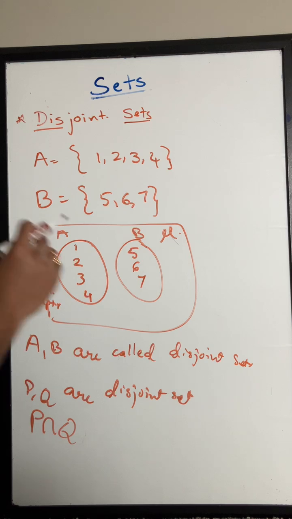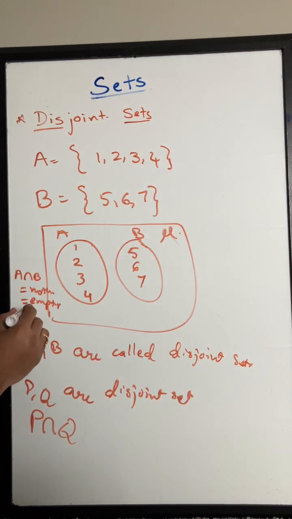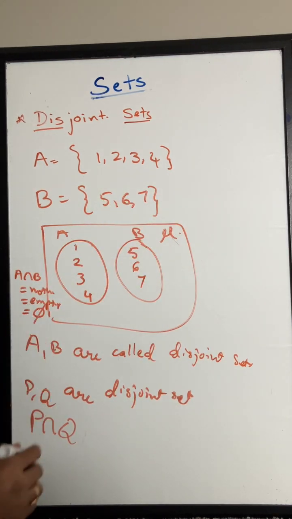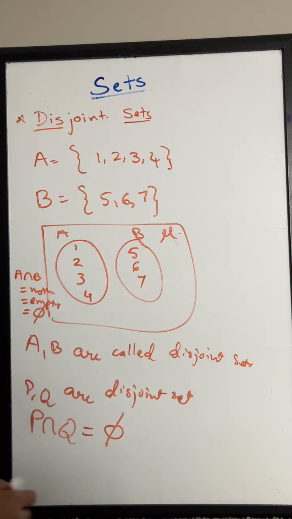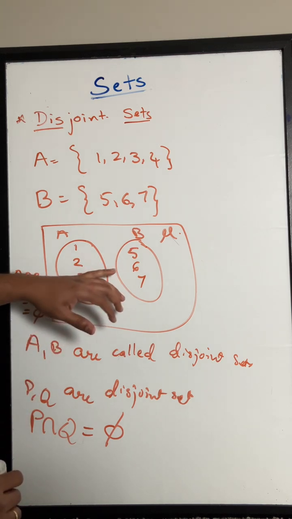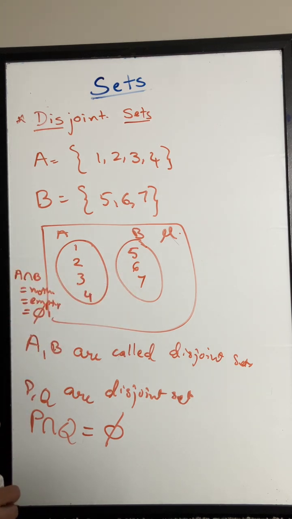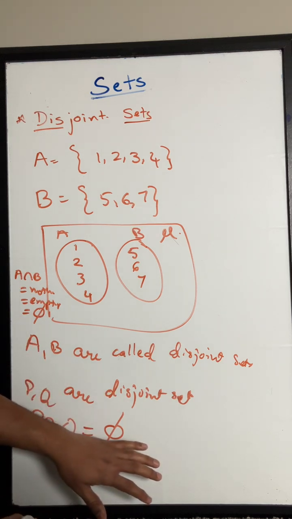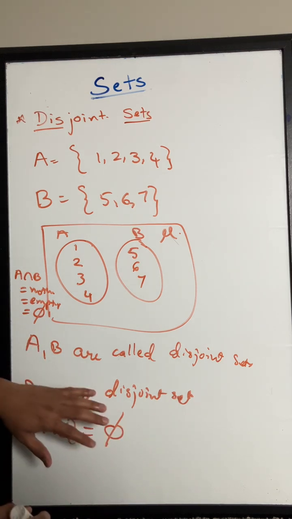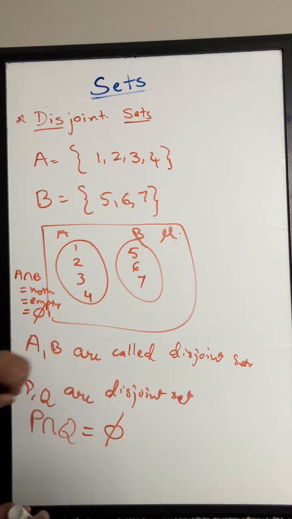You can use any of the synonyms, or simply represent it with the mathematical symbol phi. There are a few other things like cardinality, which we'll discuss when we get to cardinality.